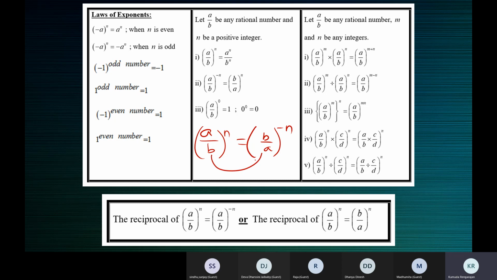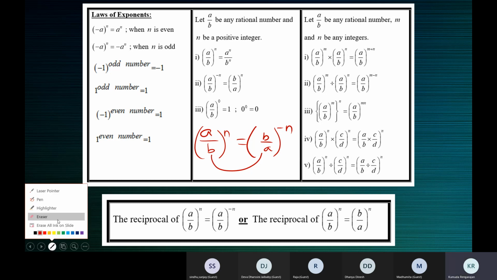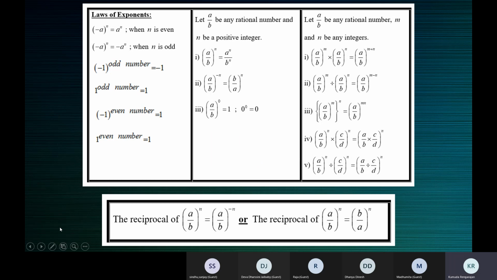These two are equal. When you make both the changes, the expressions are equal. But if you make only one change, that means you're writing the reciprocal of the given expression. So you have (a by b) to the power n, and you write a by b as b by a, but you write the power n as it is.